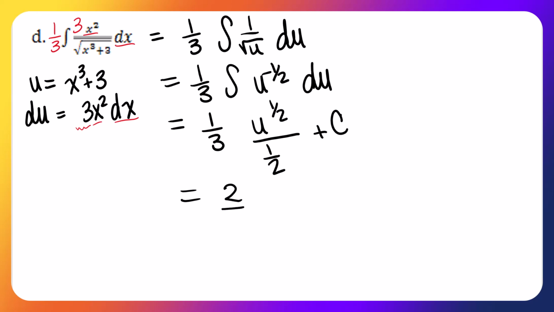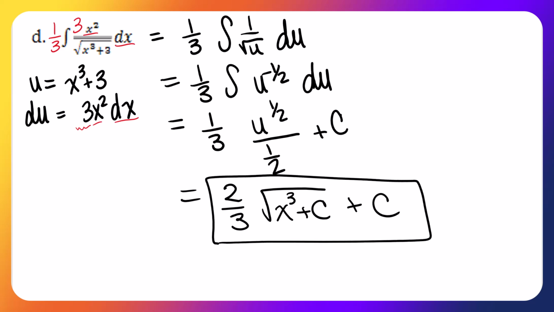So that would give me really 2/3. And then that u to the 1/2 is just the same thing as a square root. And u, remember, is x cubed plus 3. So we want to plug back in for our original variable at the end.